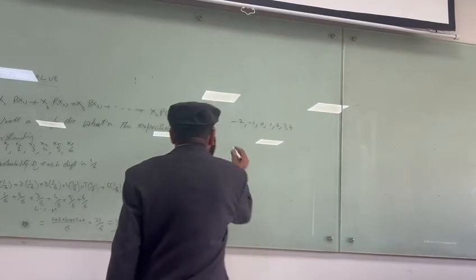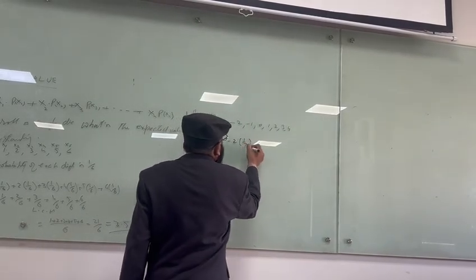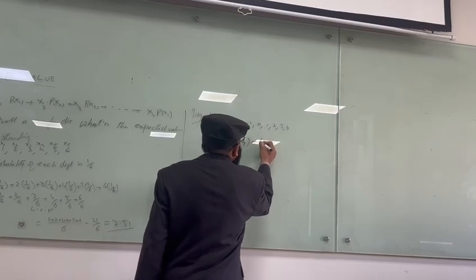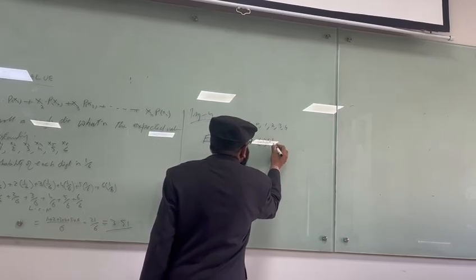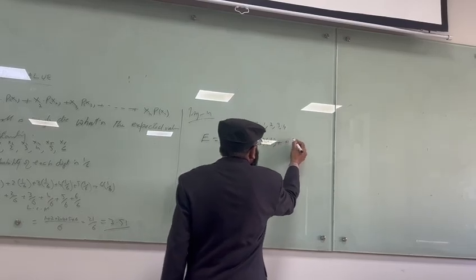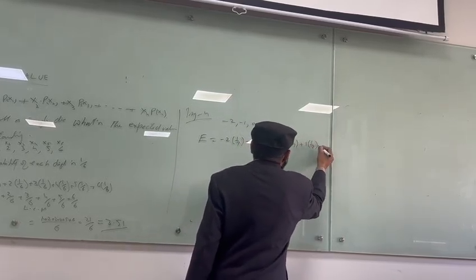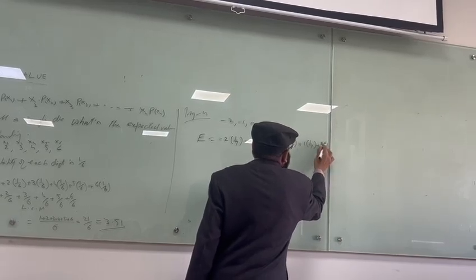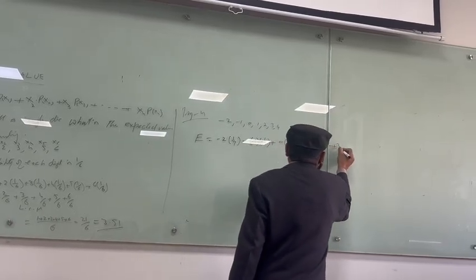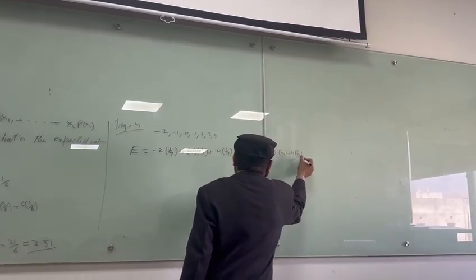So it is -2 times 1 by 7 plus -1 times 1 by 7 plus 0 times 1 by 7 plus 1 times 1 by 7 plus 2 times 1 by 7 plus 3 times 1 by 7 plus 4 times 1 by 7.